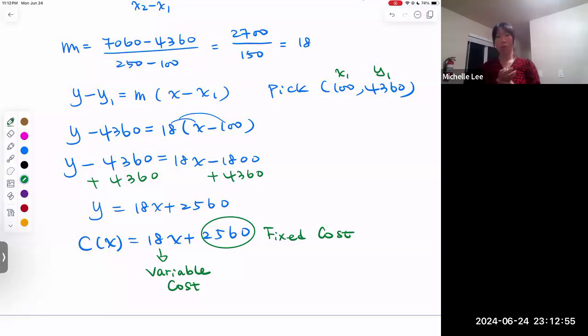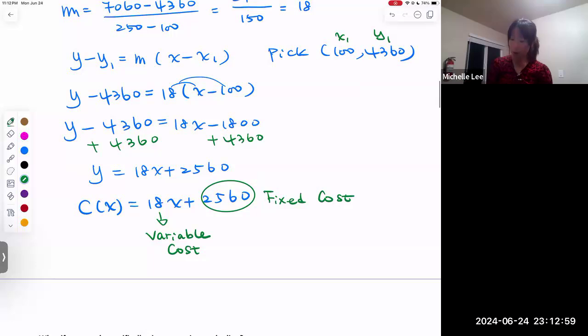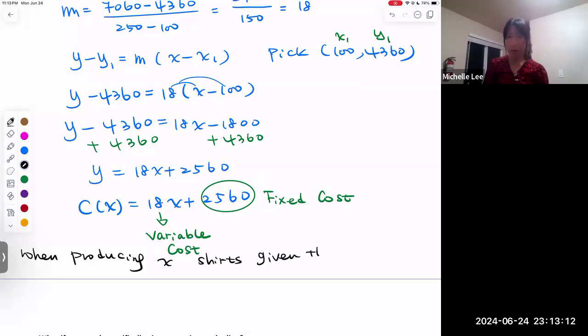Then that's the total cost. So let me write down: when producing x shirts, given that the cost per shirt is $18.